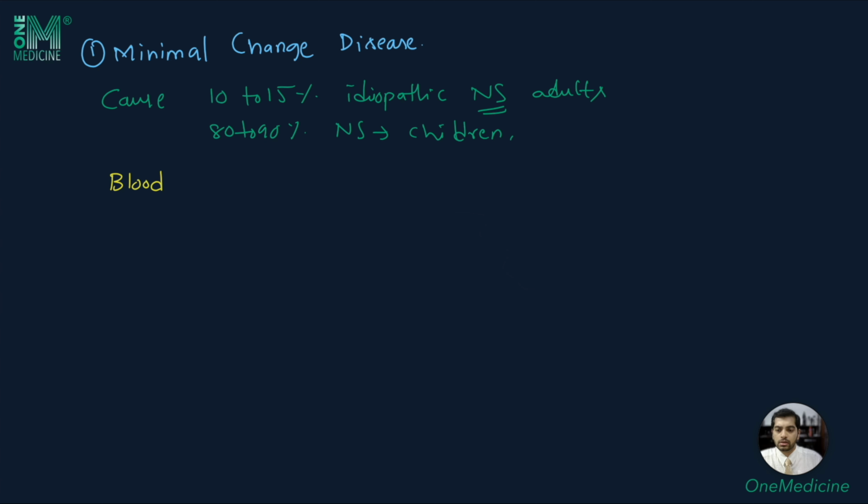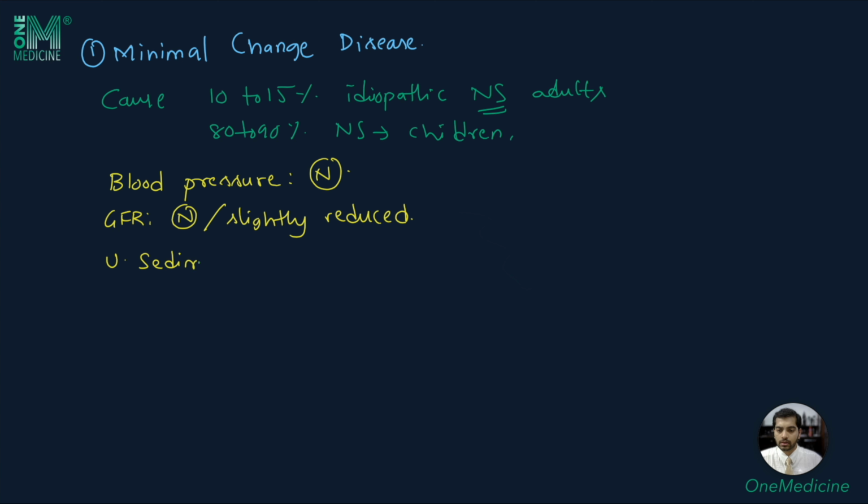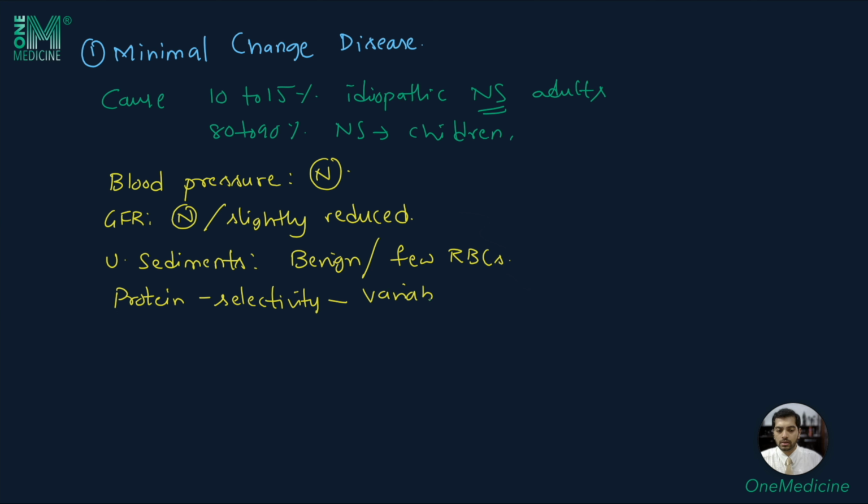Patient's blood pressure is usually normal. Glomerular filtration rate is either normal or slightly reduced. Urinary sediments are either benign or may show few red blood cells. Protein selectivity is variable in adults.